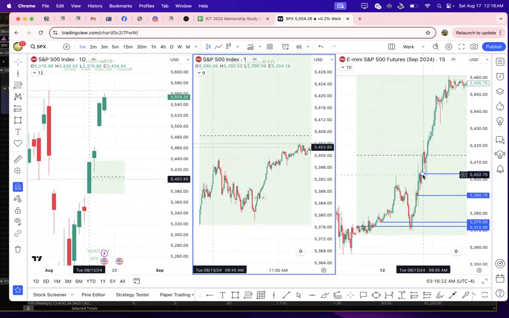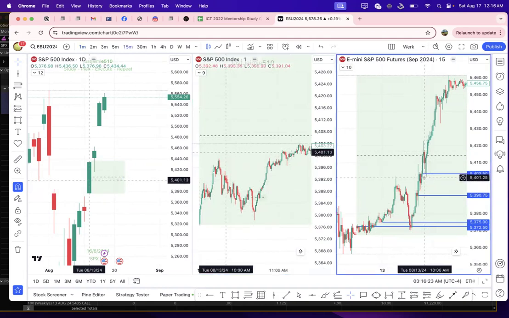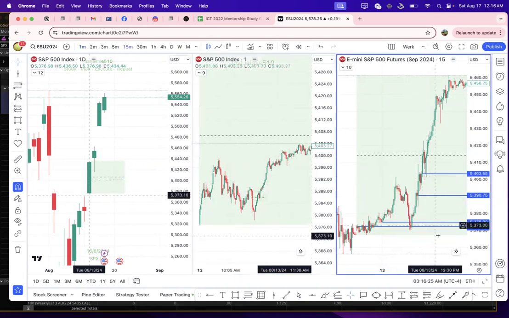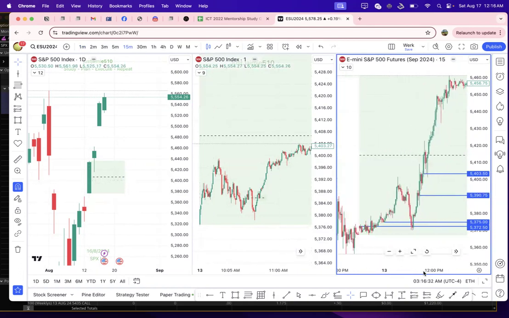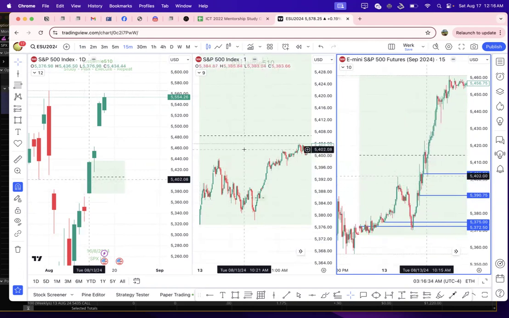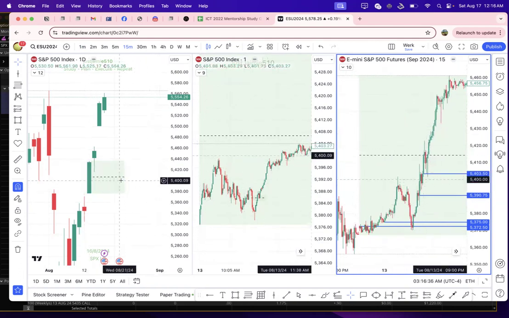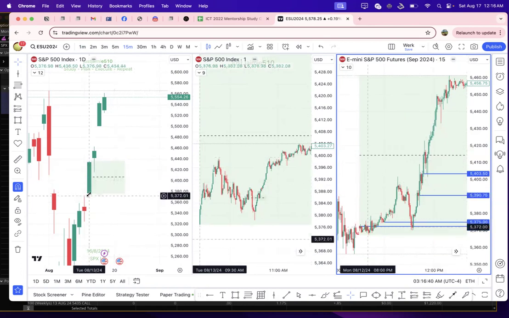And our 9:30 open, let me make sure I got it marked right, is right there. So we can open up the day with the understanding that we're going to be bullish. And you can even see here that we don't even have a wick on this candle.